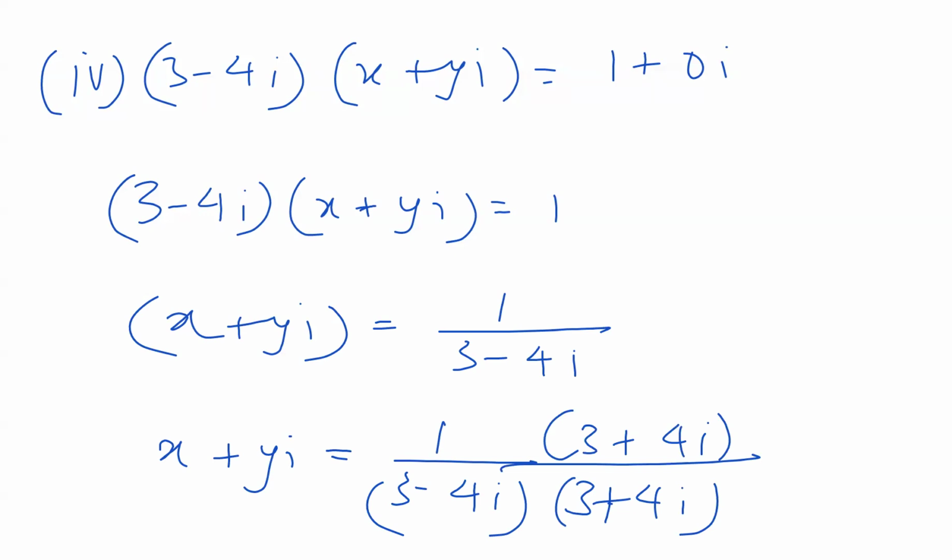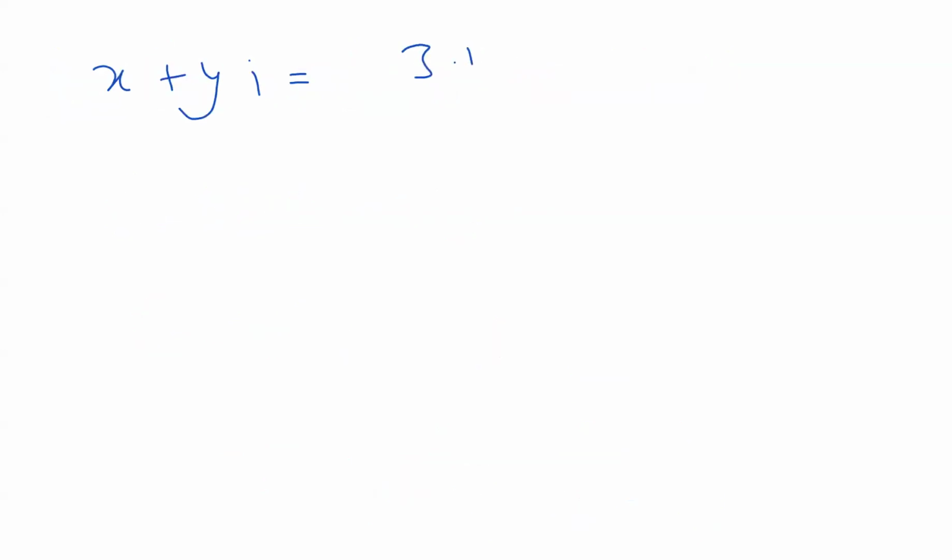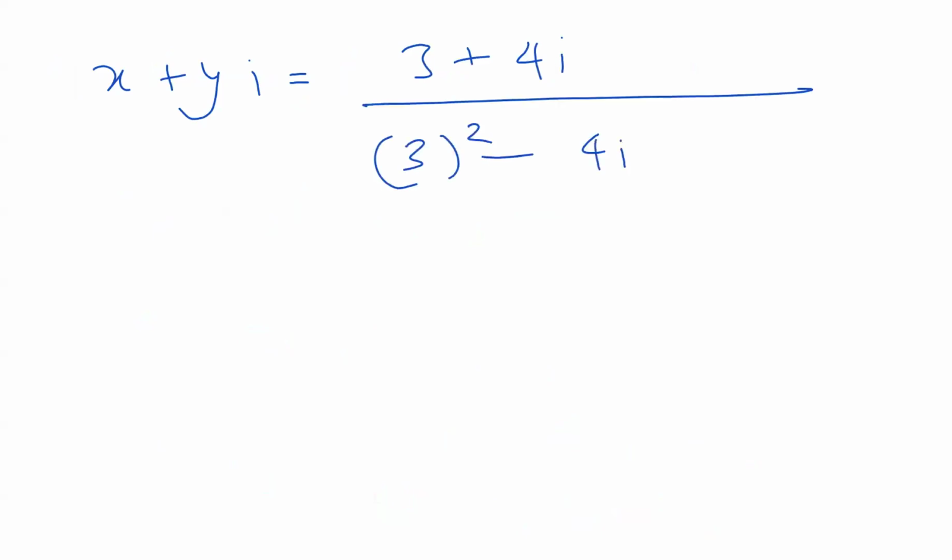So x plus yi is equal to 3 plus 4i in the numerator, and 3 square minus 4i the whole square.